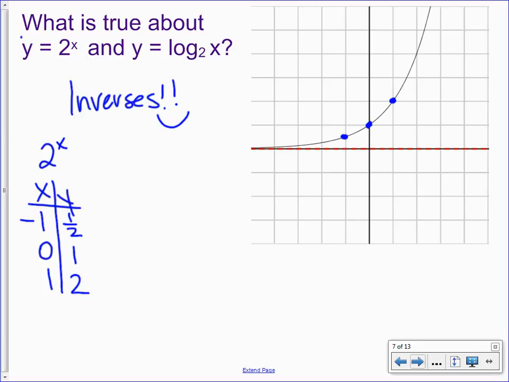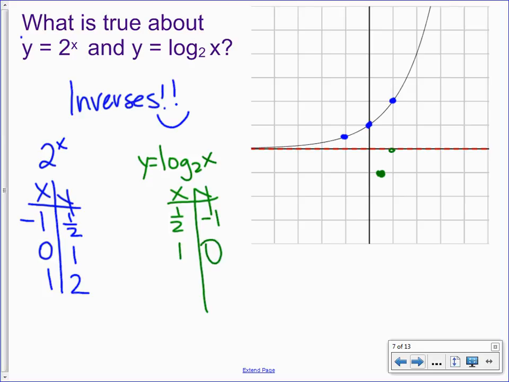We switch x and y, right? So the point -1, 1/2 becomes what? 1/2, -1. The coordinate 0, 1 becomes 1, 0. And the coordinate 1, 2 becomes 2, 1.